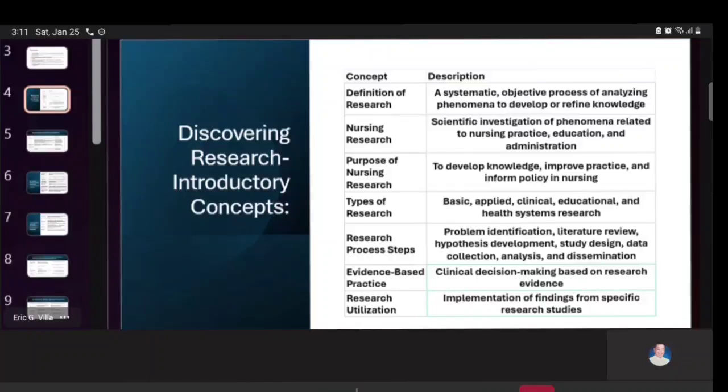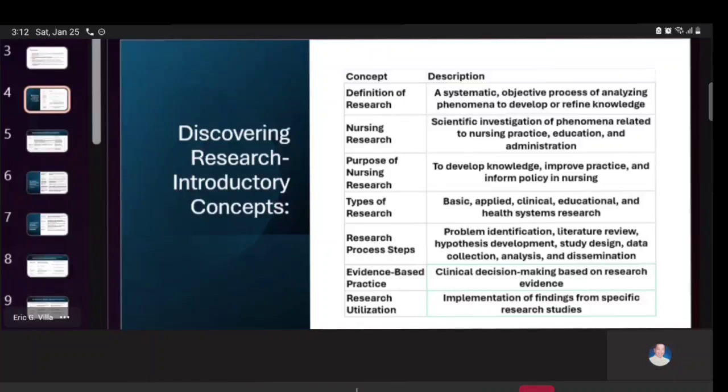The research process typically follows a series of steps, beginning with identifying a problem or question of interest, followed by a review of existing literature, development of hypotheses or providing research questions, then designing the study, then collecting and analyzing data, and finally disseminating the findings.